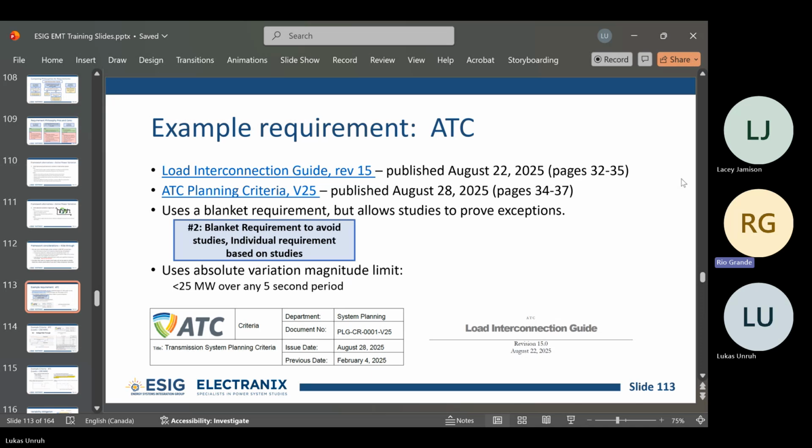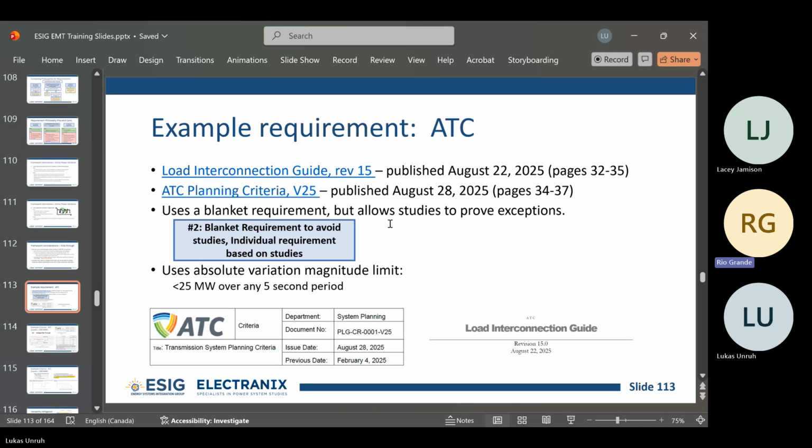All right, so we can look at a few folks that have come up with requirements for large loads. One is American Transmission Company, published in August of this year. They went with a blanket requirement to avoid studies, and then individual requirements based on studies if you don't meet the blanket requirement.